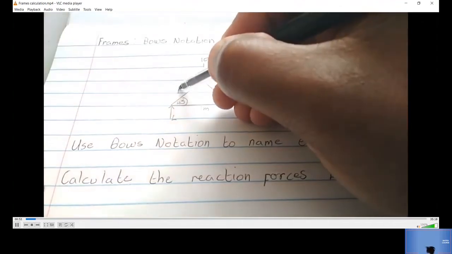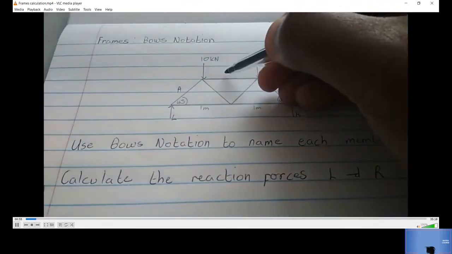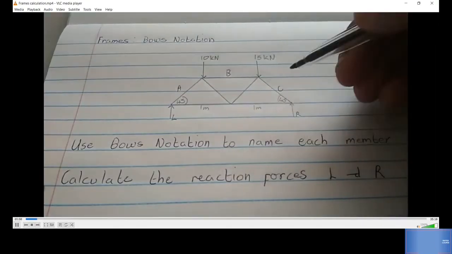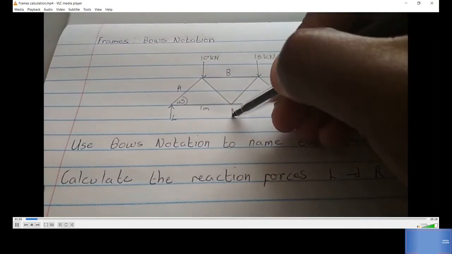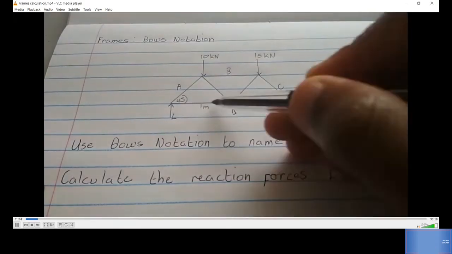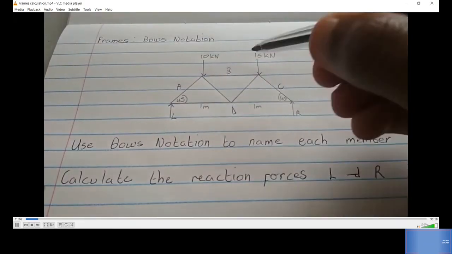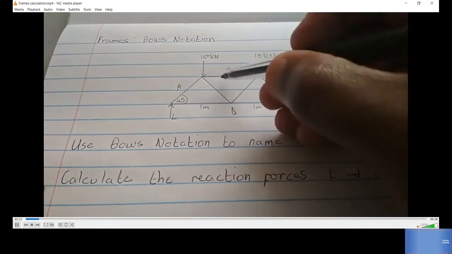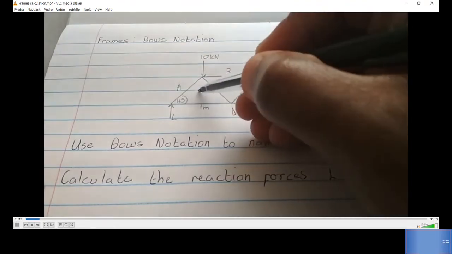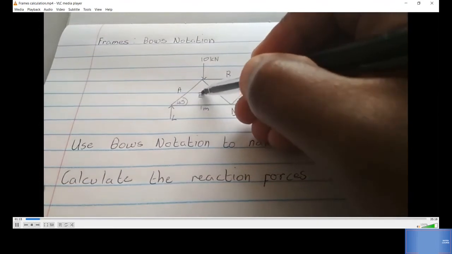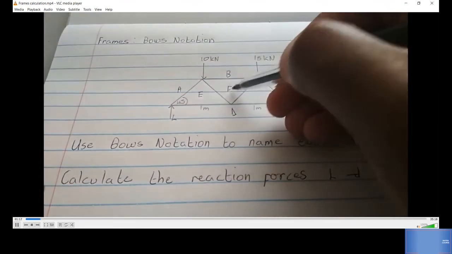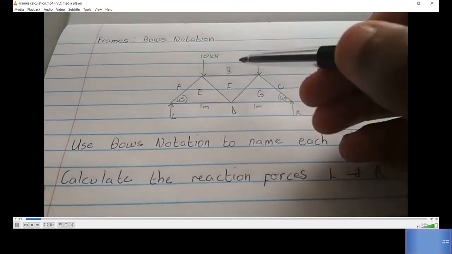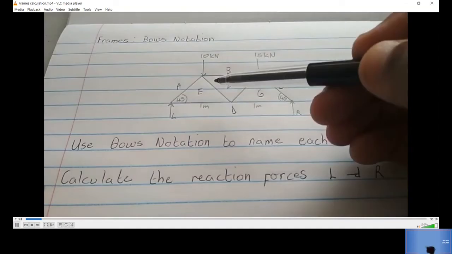We'll name this member A. We're going in a clockwise direction, so that's going to be B. That's C. Now D is this whole member there. Okay, and now remember, because we are going in a clockwise direction like a spiral, this one here, we're going to name it E, F, G, such that each member will be two letters.